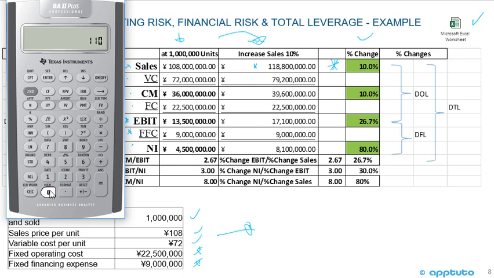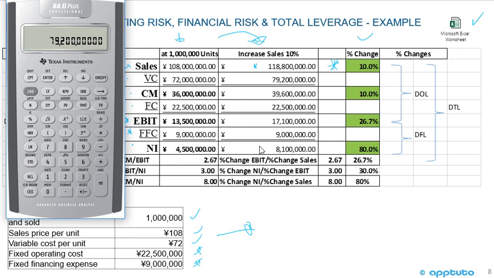Then 1.1 million units times the 72 variable cost, and I've got variable cost of 79,200,000. 118,800,000 minus 79,200,000 gives us our new contribution margin, okay? Minus our fixed costs, 22,500,000 yen, doesn't change, gives us our EBIT, or operating income, minus our fixed financing charge, which doesn't change, gives us our net income.